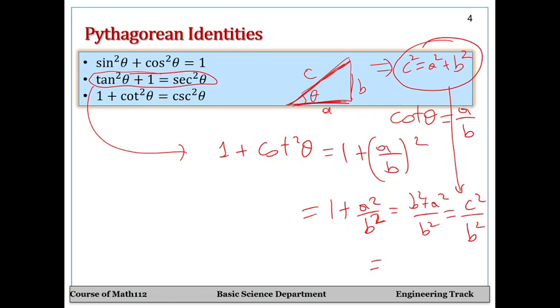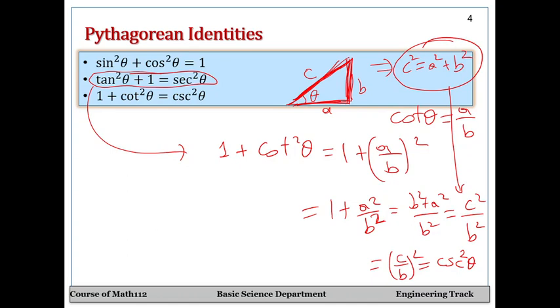So you get C over B squared, and C over B is 1 over sine, which is indeed cosecant theta. So it will be cosecant theta squared.